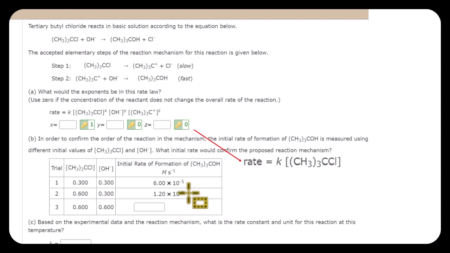Now, also, since you know that all you have to worry about is the concentration of the tert-butyl, and you're given the rate and the concentration of the tert-butyl, you can calculate K pretty quickly, and I'll get my calculator out.